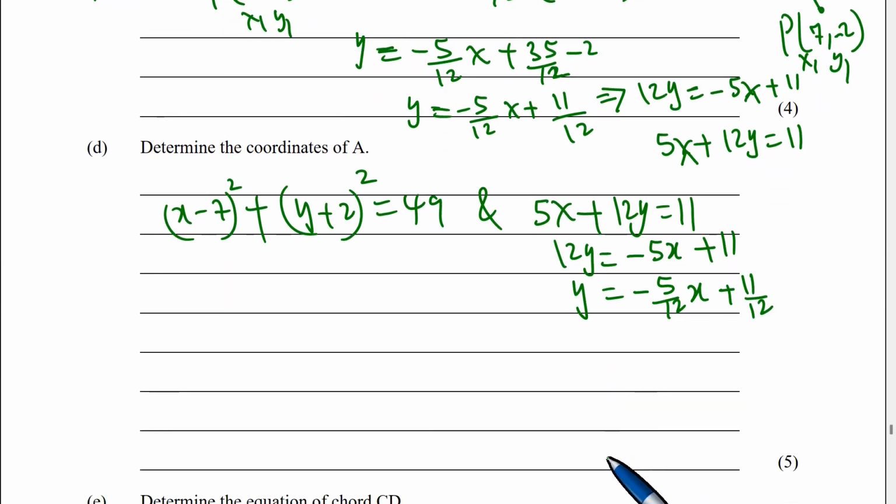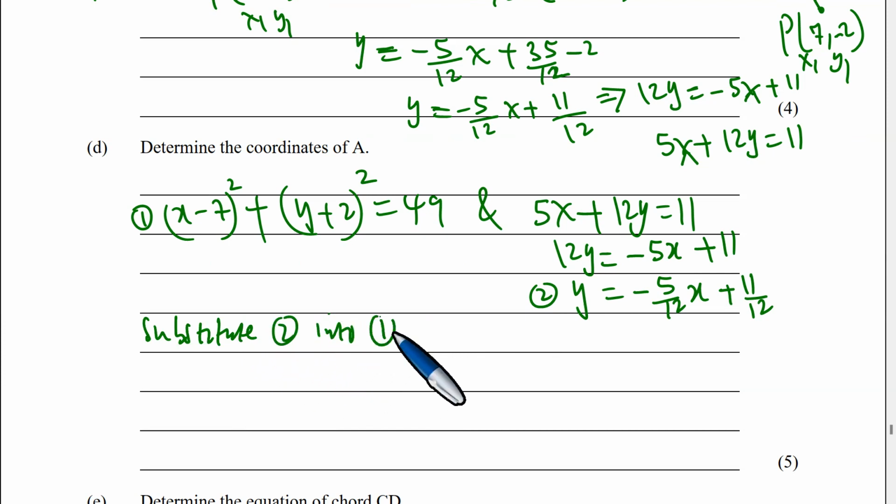So you get this. If you call this one equation 1 and this one equation 2, substitute 2 into 1. Wherever there is a y, you put this, or the other way around.